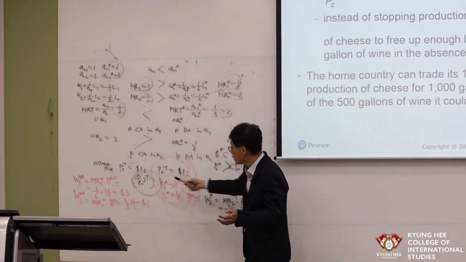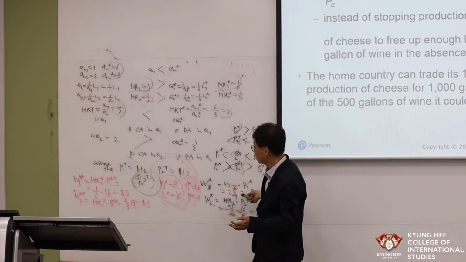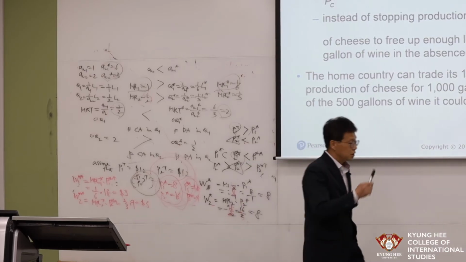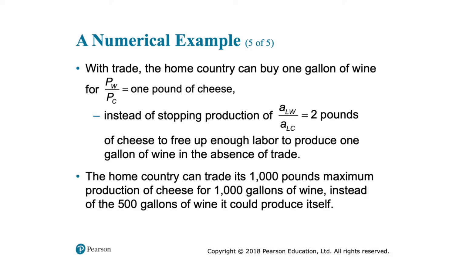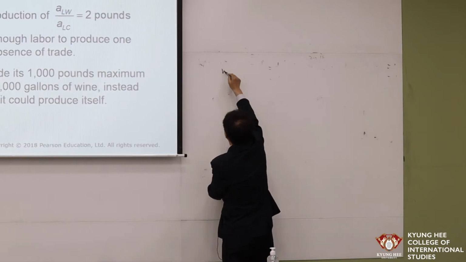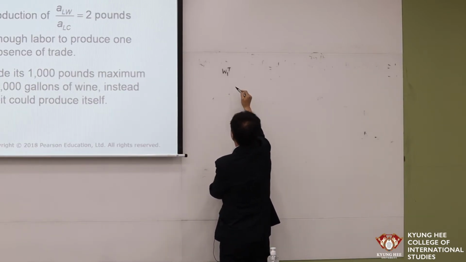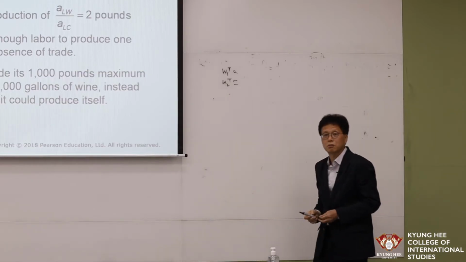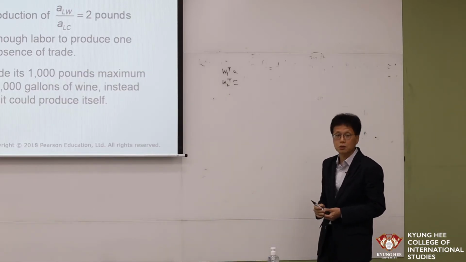Then W1, W2, same; W1 star, W2 star, same. Then I'll ask you to calculate the wage rate after trade. Right? Calculate the wage rate after trade. Lots of students calculate the wage rate in sector 2 after trade as something, but then get no points.